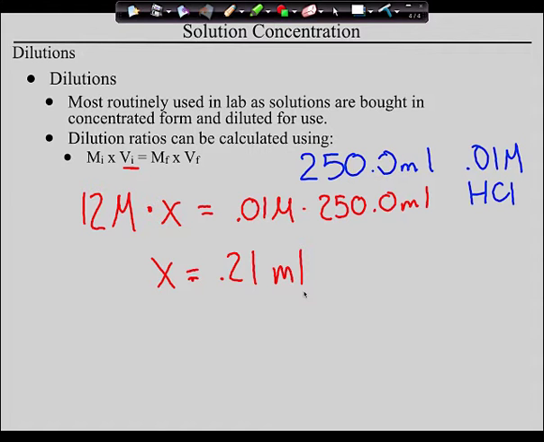Now what step are we on? 5. Step 5 would be swirl to mix. And then step 6 is add more distilled water to the 250 milliliter mark.